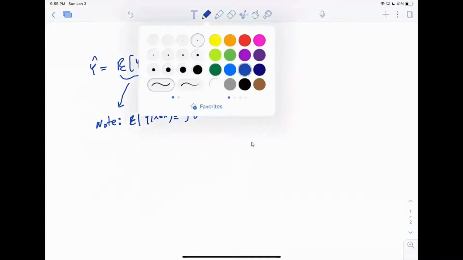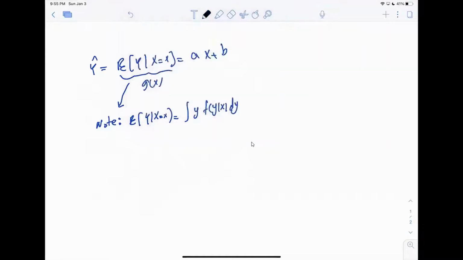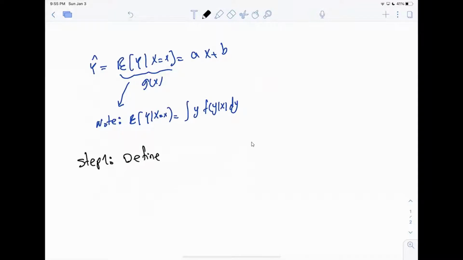The outline is as follows. Step 1: define the estimator. Y hat is going to be a x plus b.